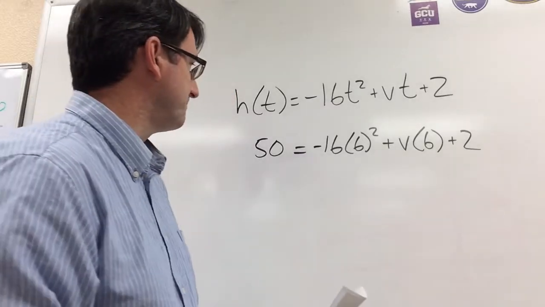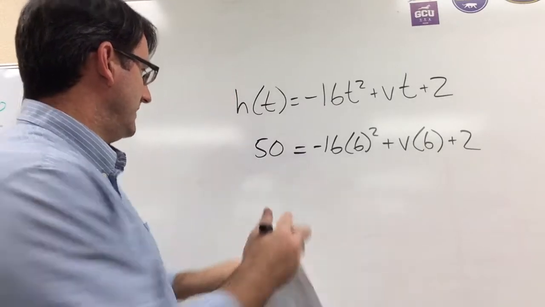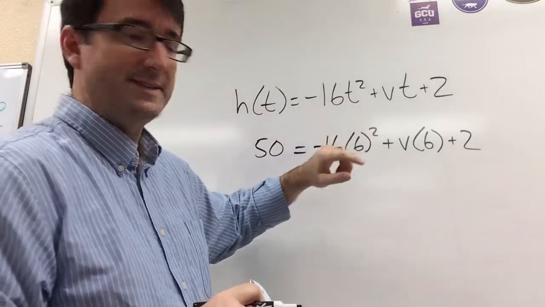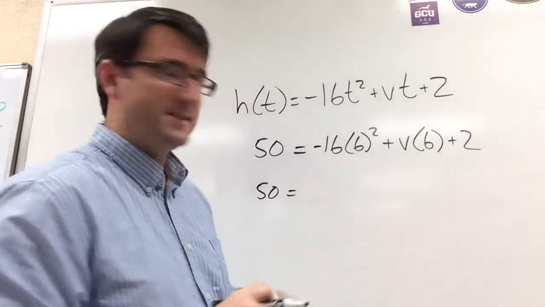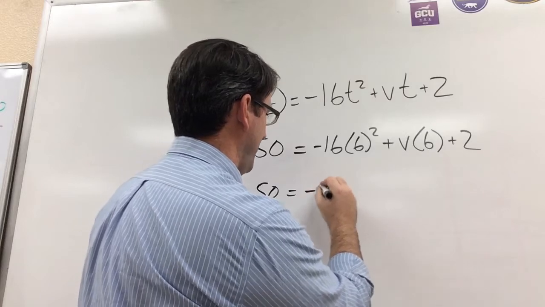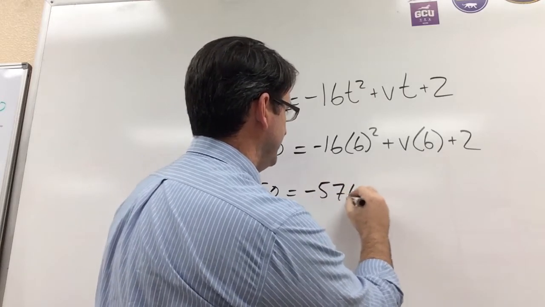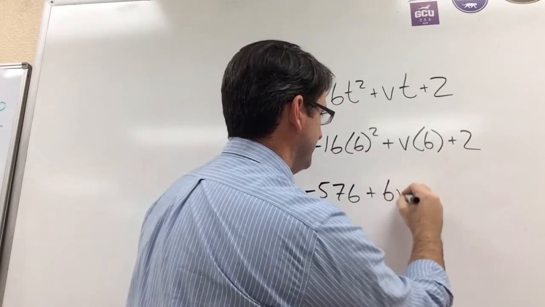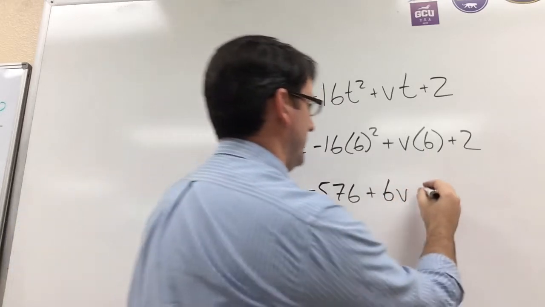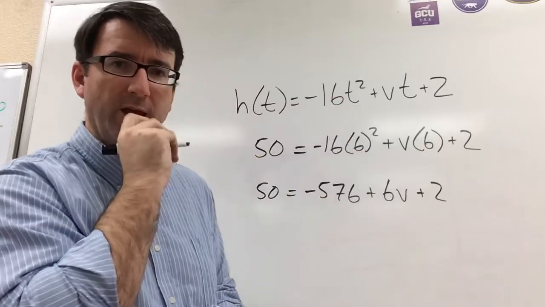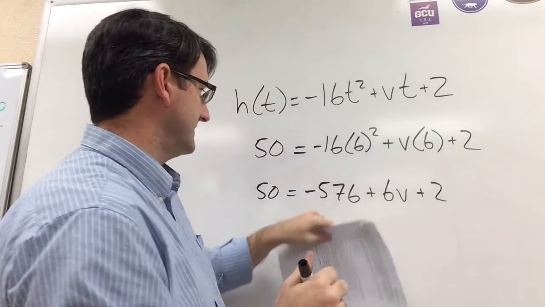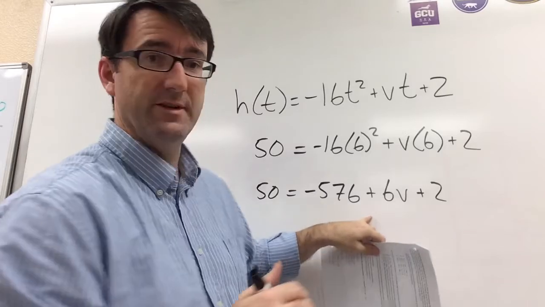All right. So here we have 50 equals 6 squared is 36 times negative 16 is negative 576, plus, let's go ahead and write this as 6v plus 2. Then we can combine this negative 576 plus 2. That's going to give us negative 574.